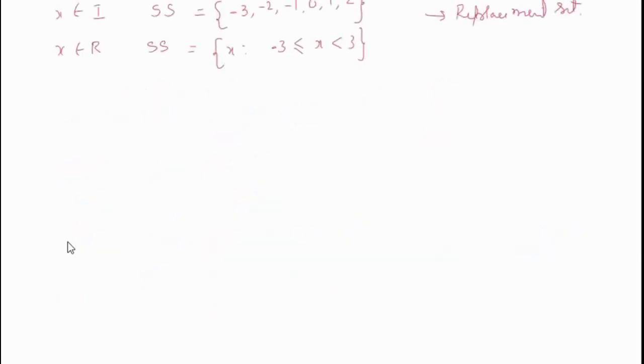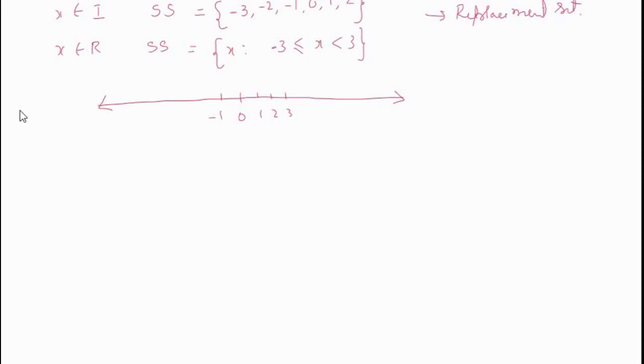Now let us see how to represent these solution sets on a number line. Let us draw a number line. You need to draw arrow marks on both sides. The middle is 0. So 1, 2, 3, minus 1.